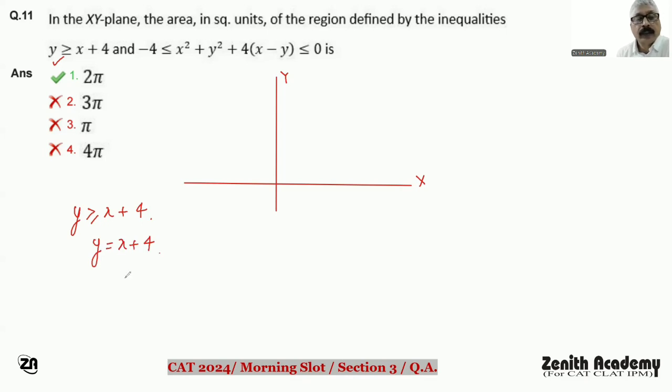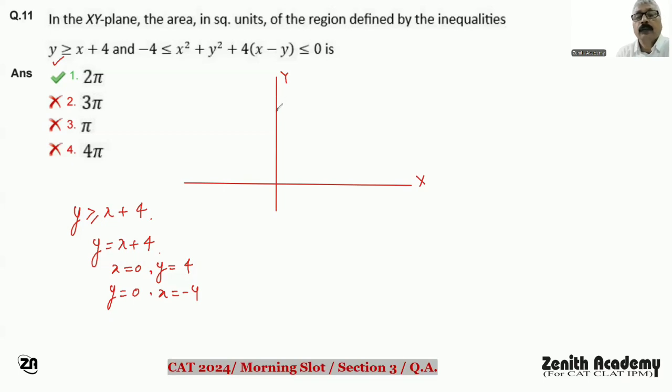Then on putting x is equal to 0, y is 4. And on putting y is equal to 0, x is -4, right? And slope is 1, correct?